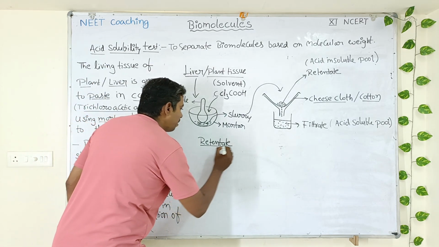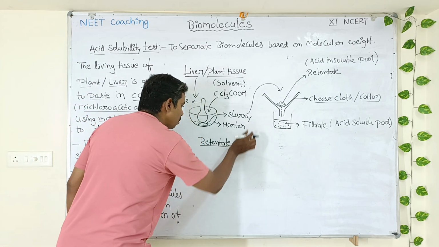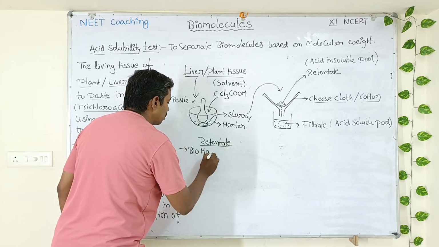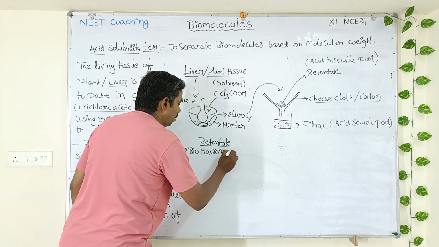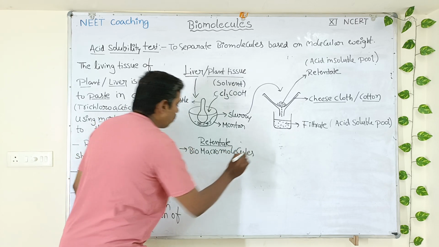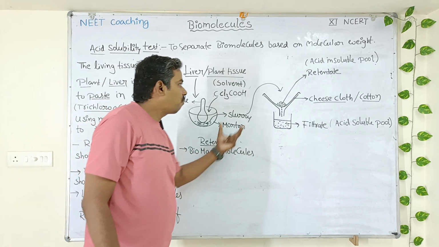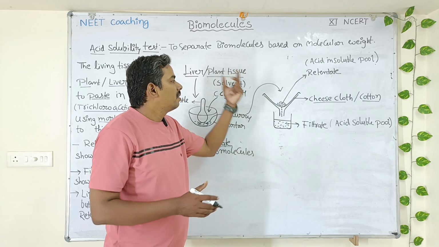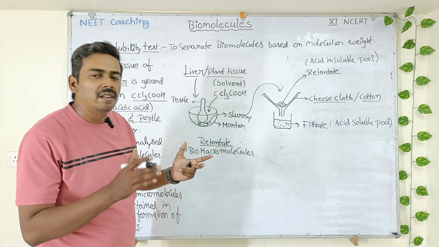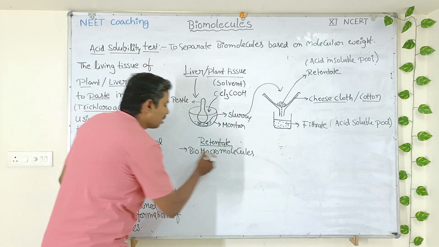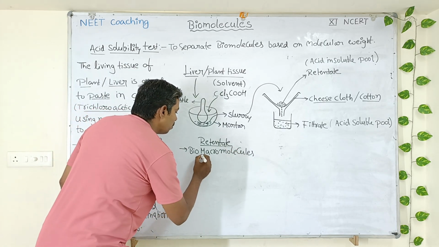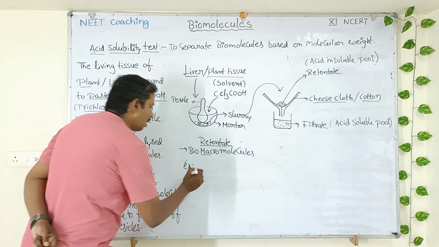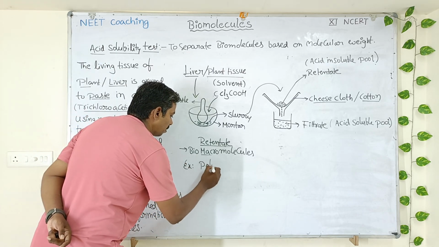Why were large sized molecules found in the retentate? Because these molecules couldn't dissolve in trichloroacetic acid. That's why they remained in the cheesecloth in the form of retentate. So what were the different types of biomacromolecules detected in the retentate? They detected macromolecules like polysaccharides.